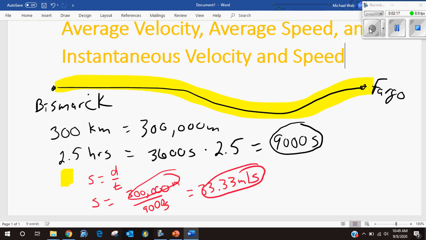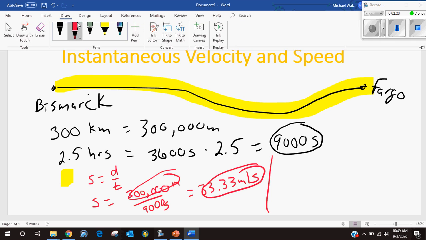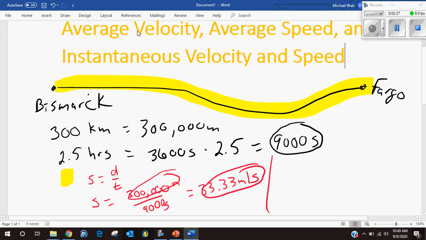Now we also talked about velocity, and so distance per time is usually what we use for speed. But I'm going to show you the difference between velocity and speed, and x over t is a typical formula.